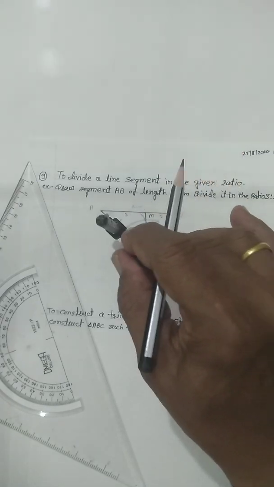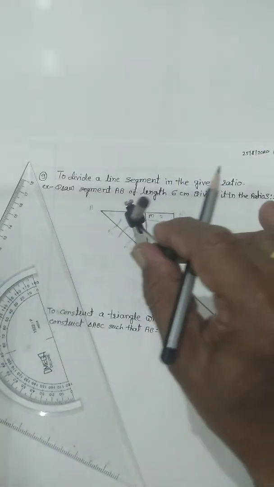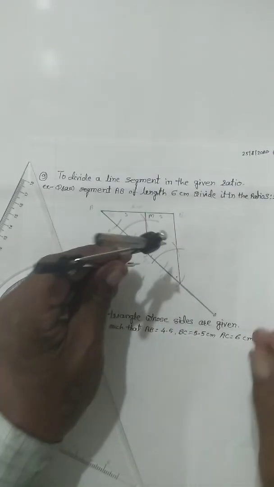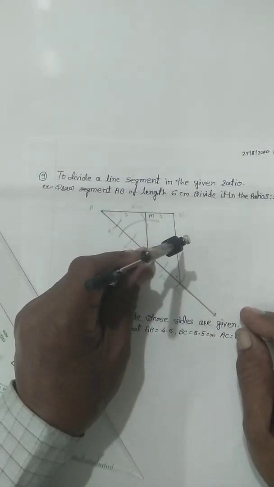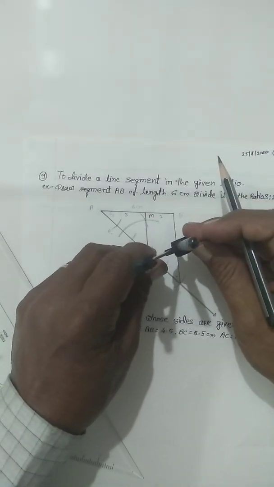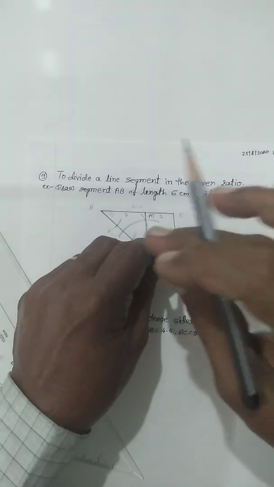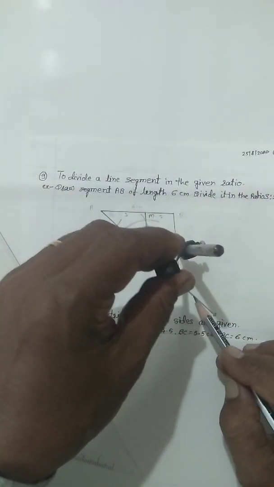We draw the second arc which starts from this ray and goes to the upper side. Then again take the distance between these two sides of the angle at the previous arc.